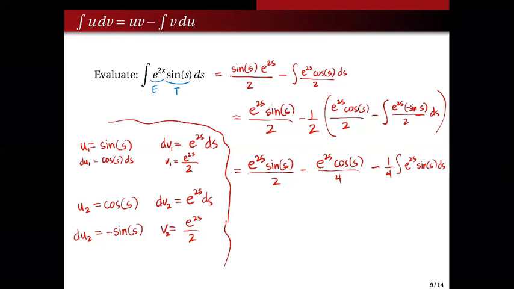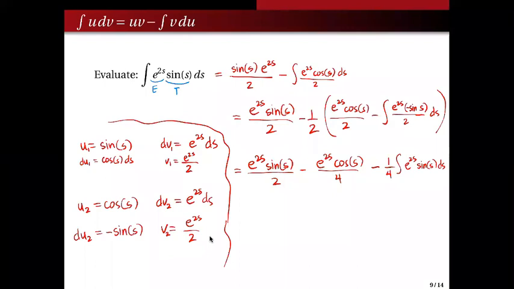Yes. I'm a bit confused about what you did with the integral e to the 2s cosine s over 2. From that step to this step, you put 1 over 2 outside of the integral, and then we apply this.